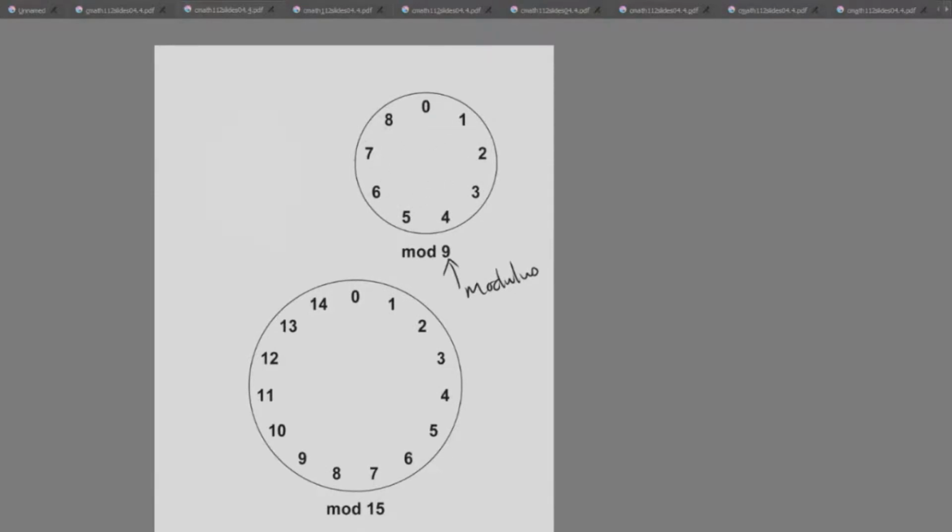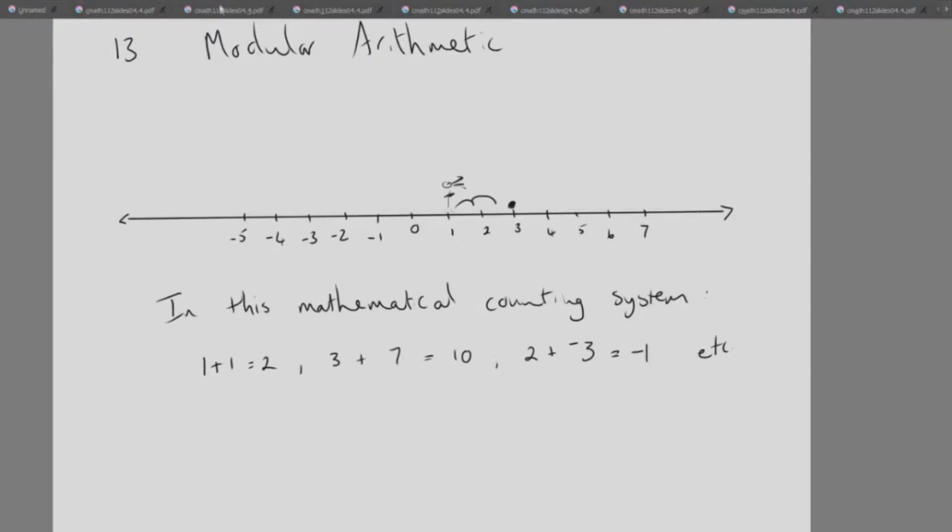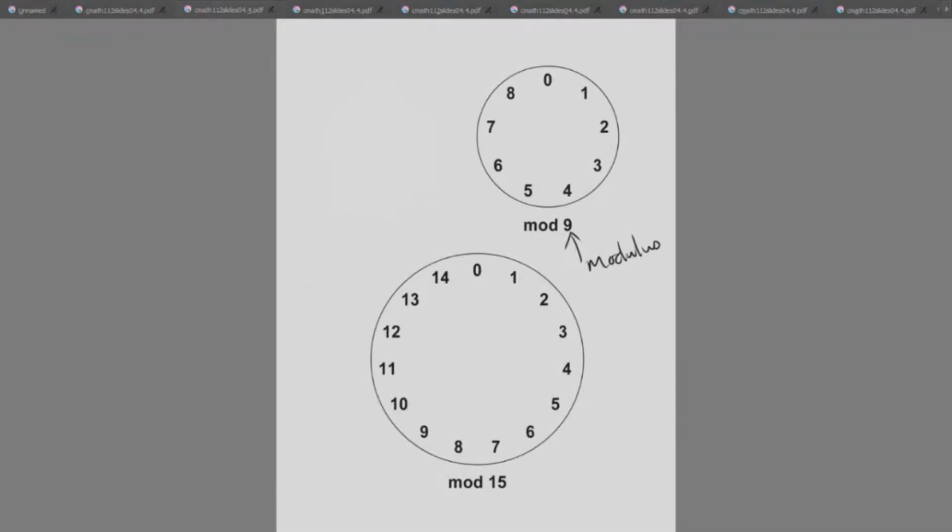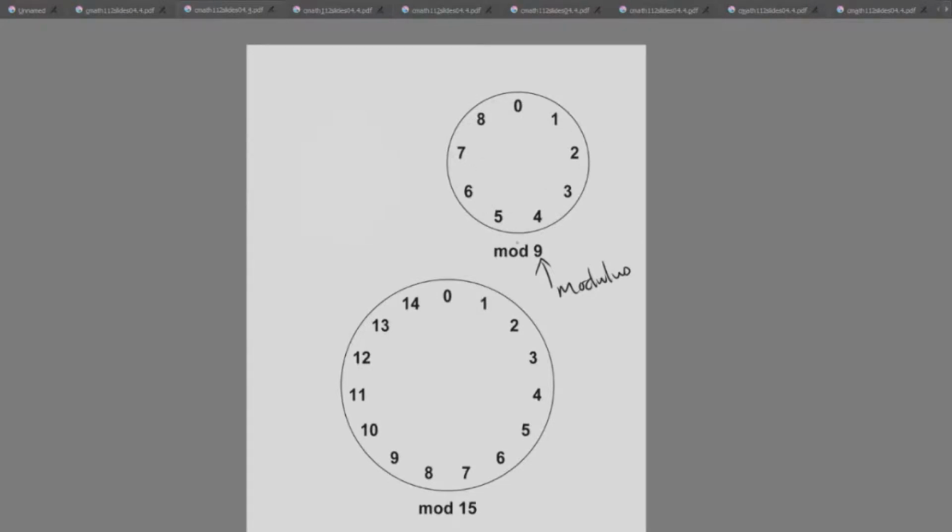So there's no confusion about what my counting system is, because if I'm not counting on a number line, I'm always going to say mod something, indicating the size of the circle I'm counting on, for example, 9. We're going to mainly stick with addition, subtraction, and multiplication for now. Division is a little different, and eventually we'll see that.